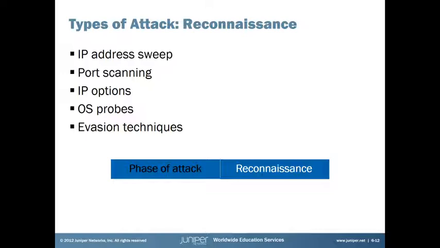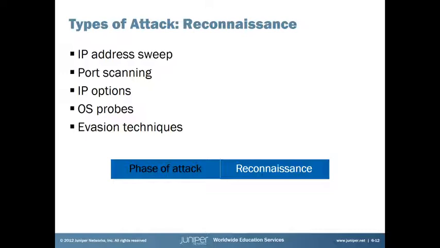Then there's the evasion technique. When an attacker is performing this reconnaissance, they want to hide their own identity. So they will often use spoofing when they're performing this attack. You know what spoofing is? You know that term?